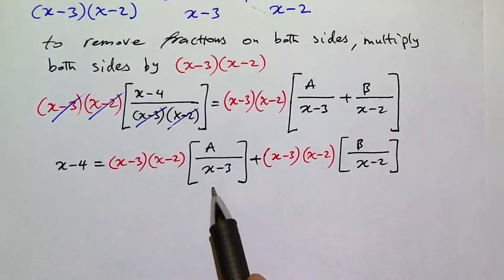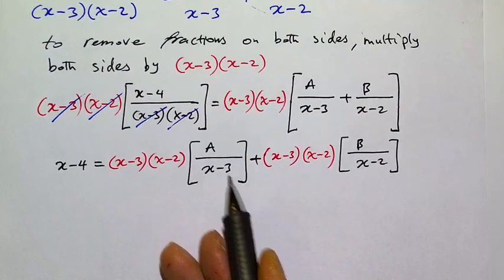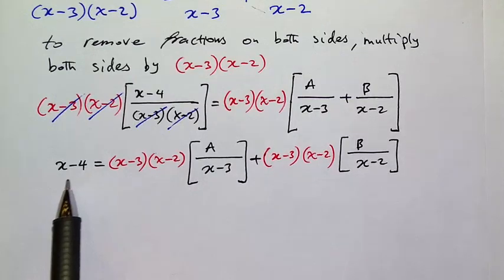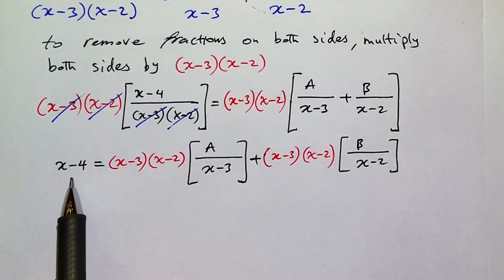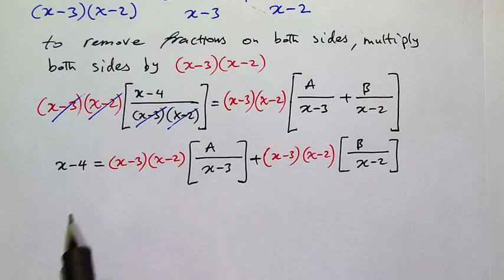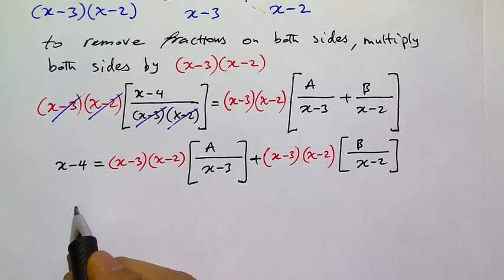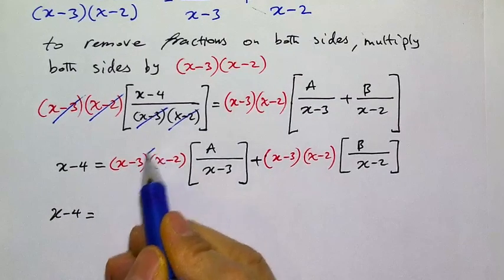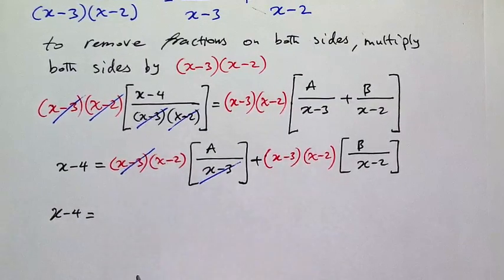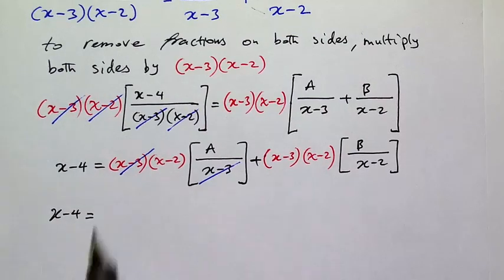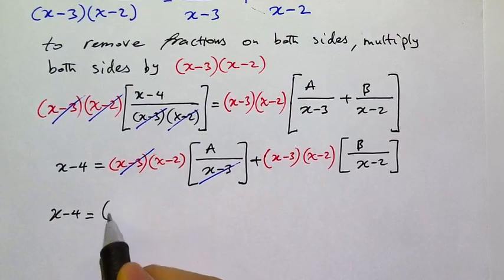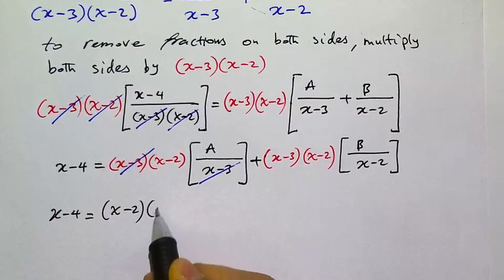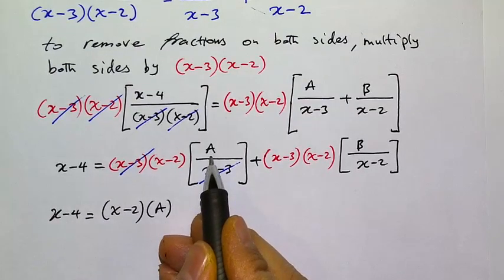Now, let's start simplifying the right-hand side, because the left-hand side is happy the way it is, right? We don't want this to be more simplified than that. So we have x minus 4 equals, we have this x minus 3 and this x minus 3 canceling each other out. We end up with x minus 2 multiplied by this A, right?